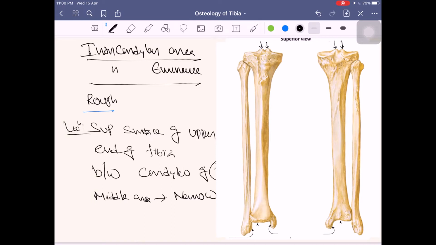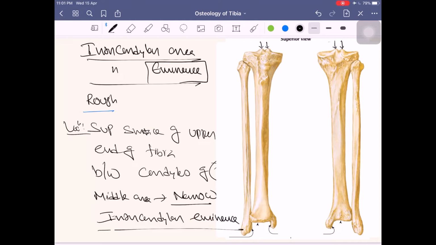So this middle part is narrow and it is marked by elevations. These elevations are called the intercondylar eminence. So the intercondylar eminence is the middle part of your intercondylar area where you will see two projections.